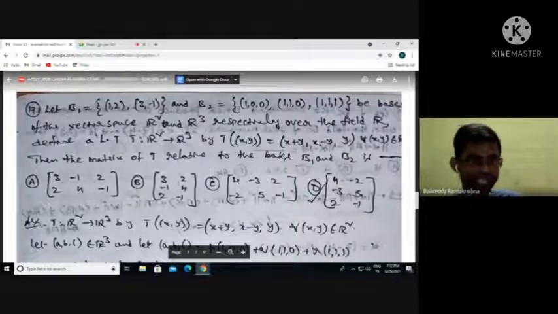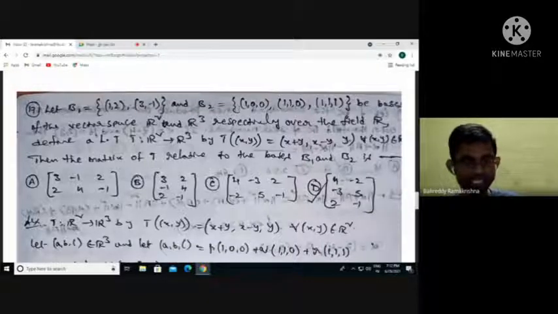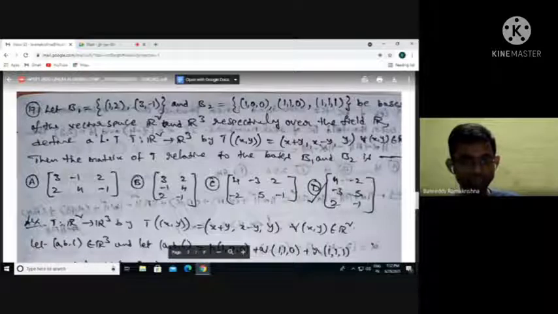Then the matrix of T relative to the basis B1 and B2 is dash. Four options are given, and we have to choose one correct option from these four.